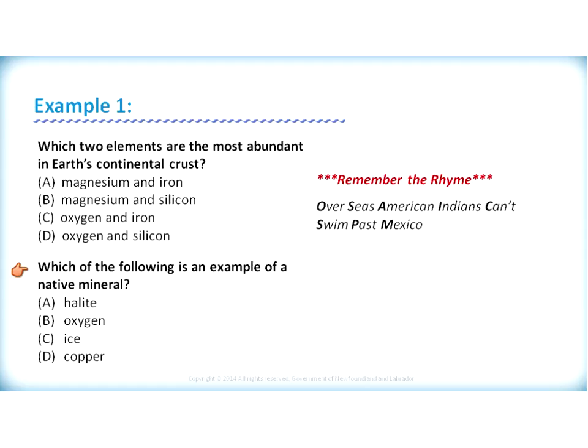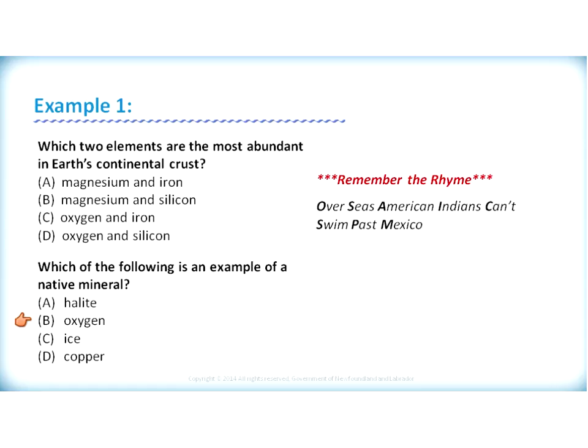Next question. It says, which of the following is an example of a native mineral? And this question, when we read it carefully, we are looking for a native mineral. And native minerals exist in pure form in nature. Halite would be a compound which is made up of sodium and chlorine. So that would not be considered as a native element.